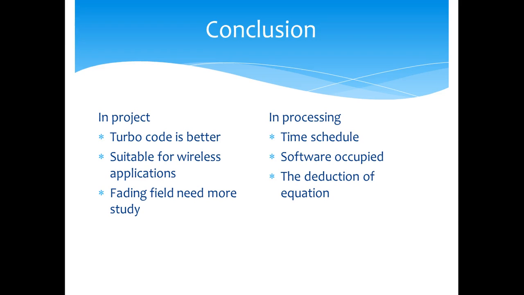It has a pretty low BER in low SNR conditions. Thus, it's really suitable for wireless applications, which have low transmission power desire. But fading channels really need us to study more. We haven't done a lot on this part.